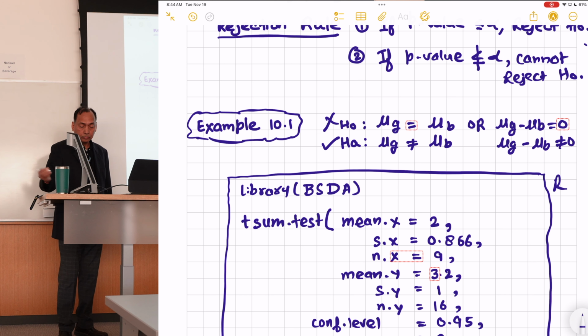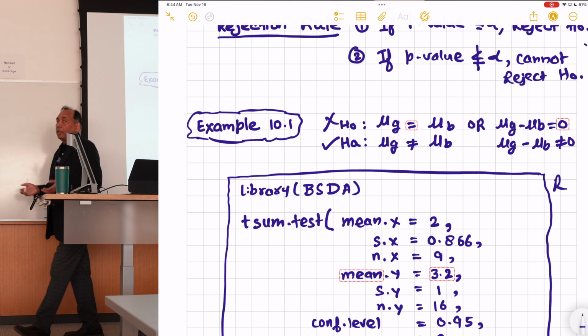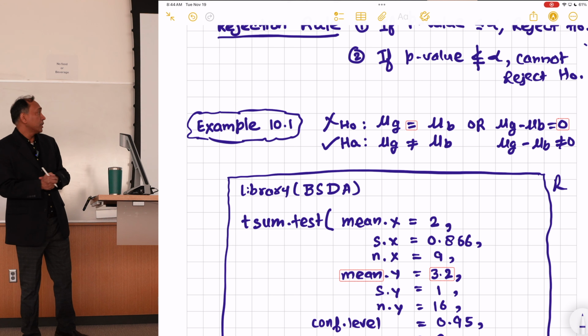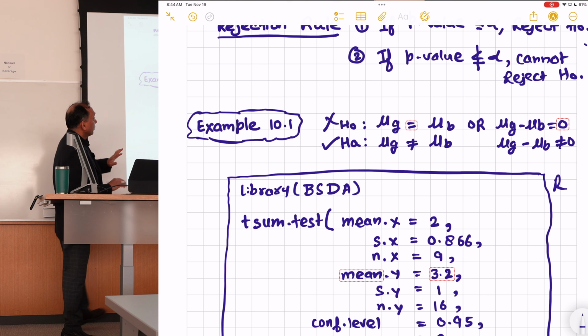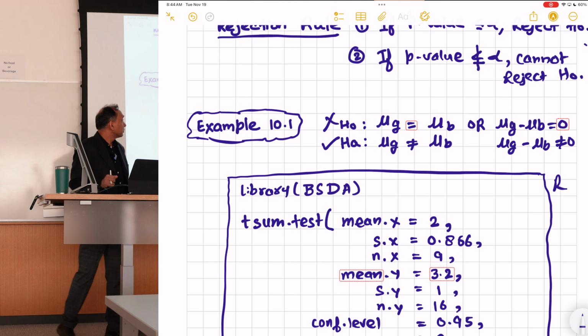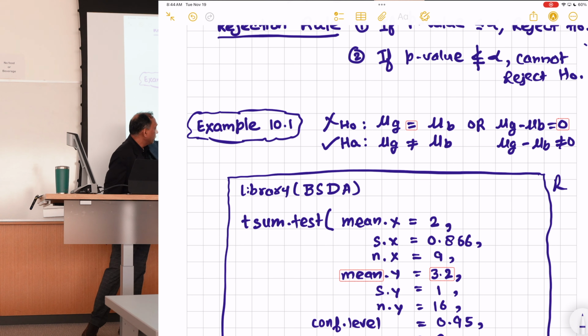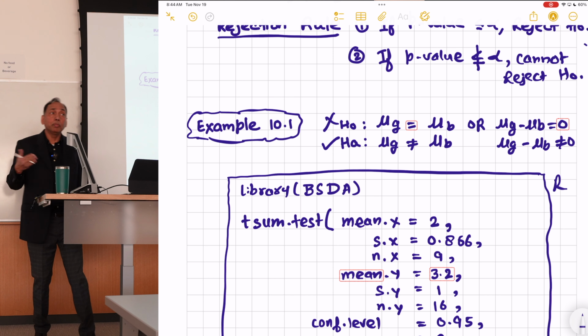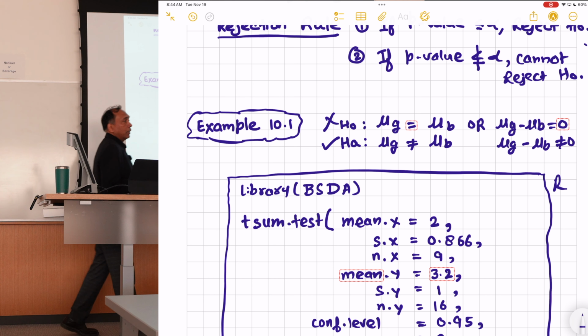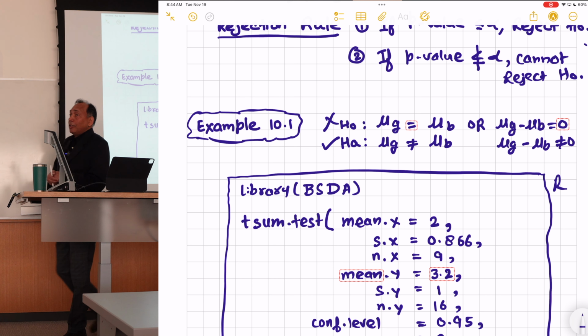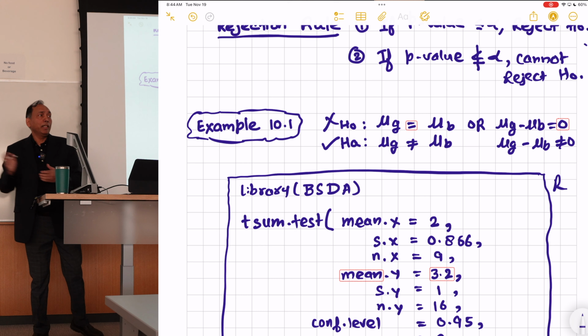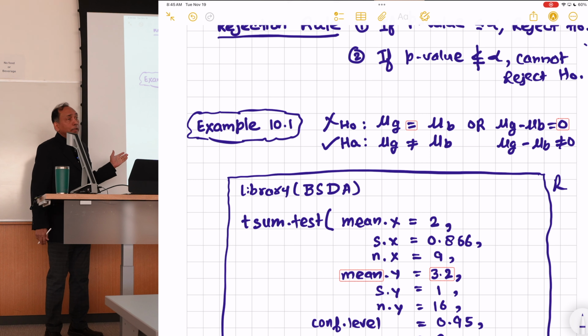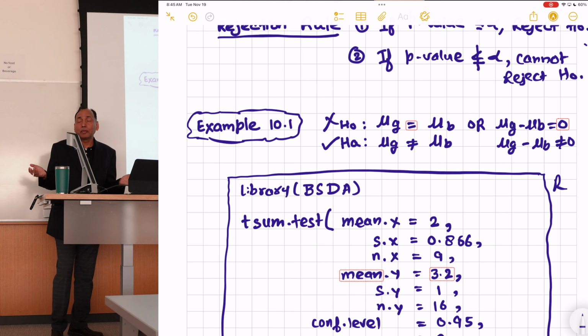This is true. Performances or productivity in the 2 shifts, night shift versus day shift, are different. This mean of 2 and mean of 3.2, they are able to process like much more in night shift. And once you find that statistically it is proven, or statistically you get a result like that, then you can see why.